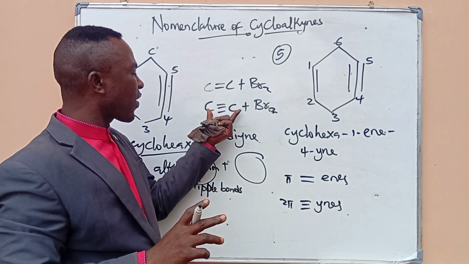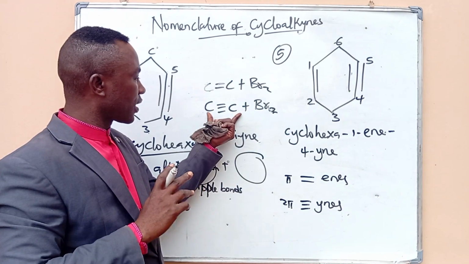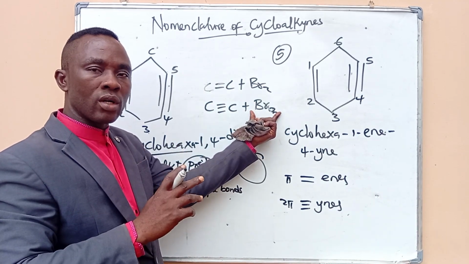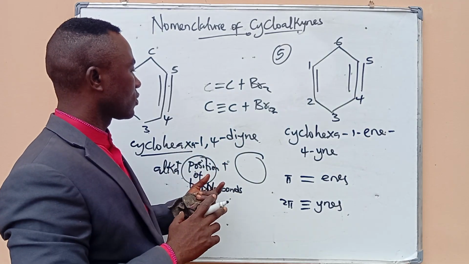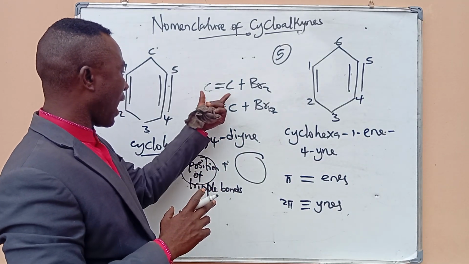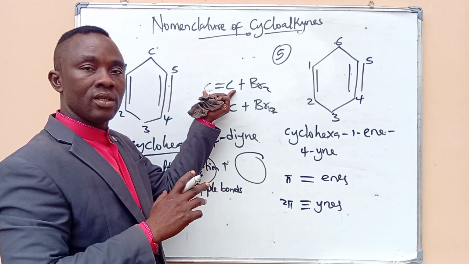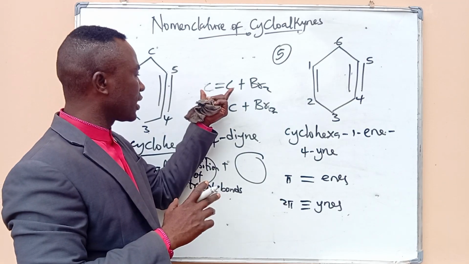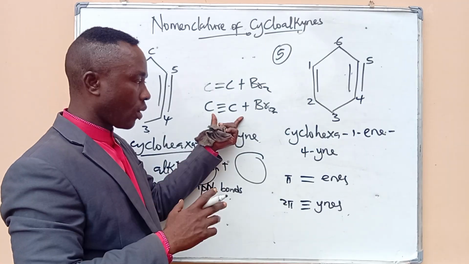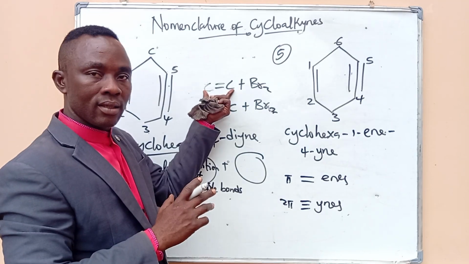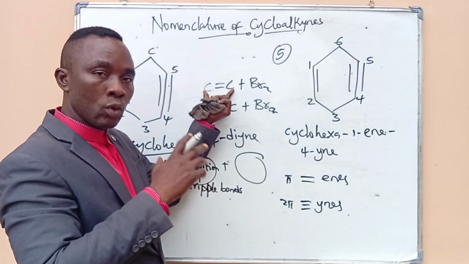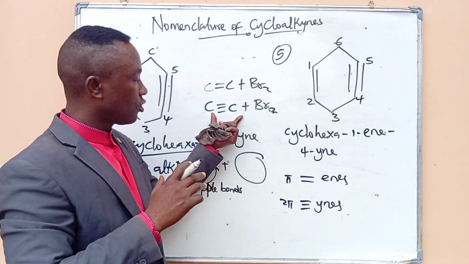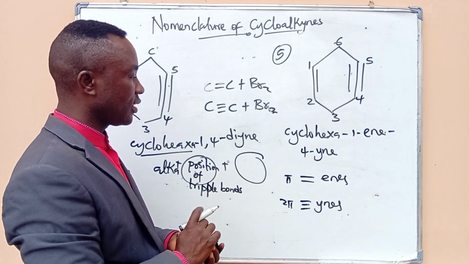Now, for the first step of the reaction of ene with bromine, we measure the speed, and for this one we also measure the speed. You see that for this one the speed is faster than this, so this one is more reactive than this, because the pi bond in ene is weak, loose, and can easily be broken in comparison to the ynes. So that is the reason.